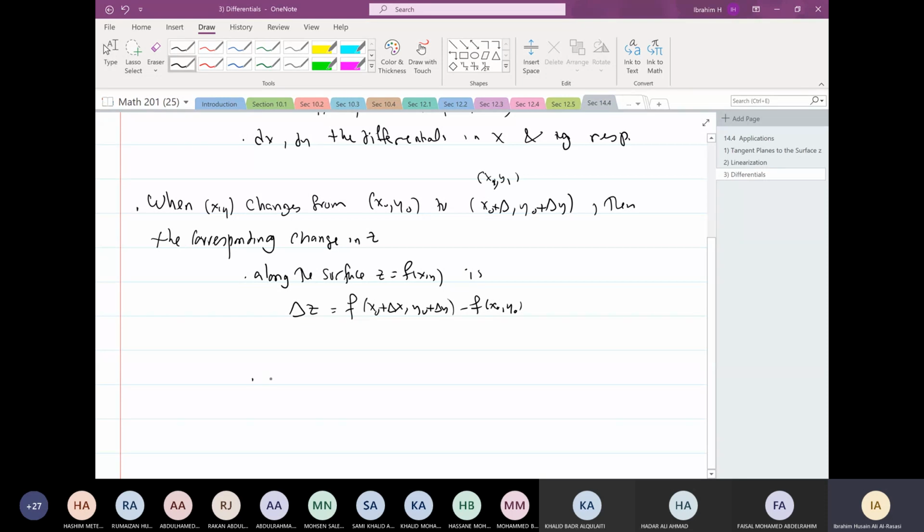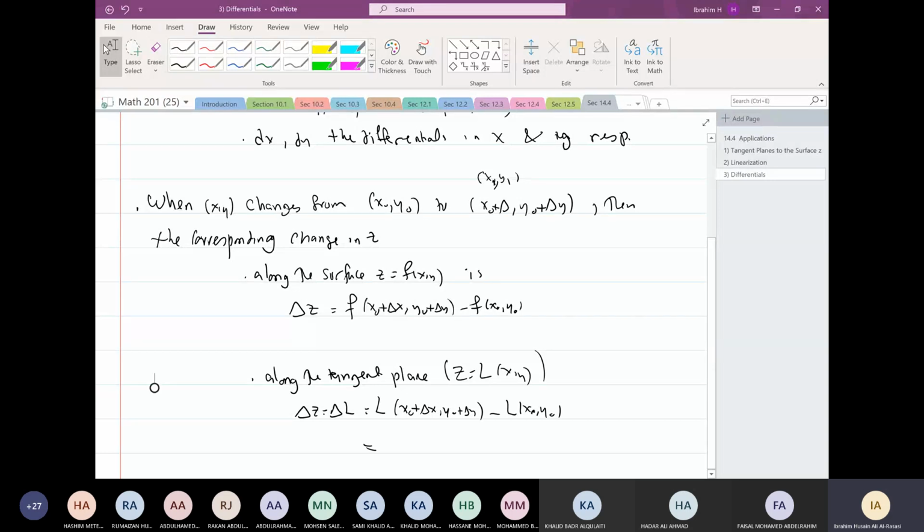Well, the change along the tangent plane, which is z equals L of xy, along the tangent plane, would be delta z or just delta L: L of final x0 plus delta x, y0 plus delta y, minus L of initial x0, y0. I have a formula for L, just substitute and simplify.